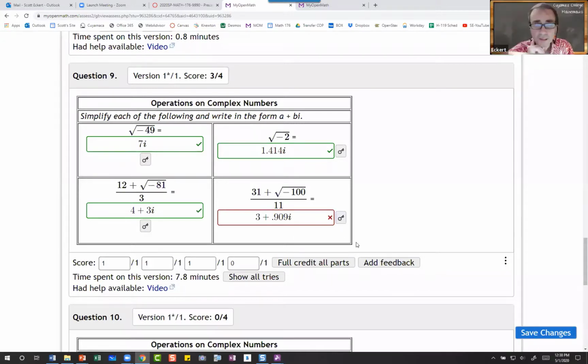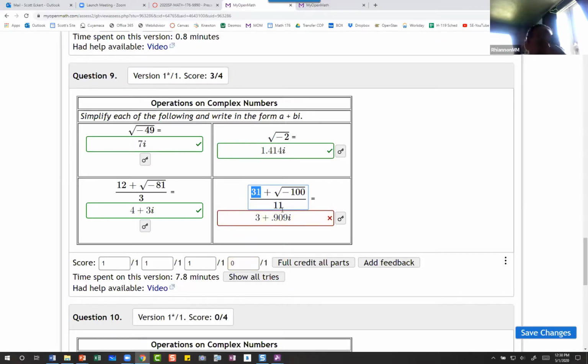Well, one little thing on this one is a small math error, but you have 31 and 31 is divided by 11. Oh yeah, okay, not 3 times. I was thinking it through, but it's just going too fast trying to get it done.